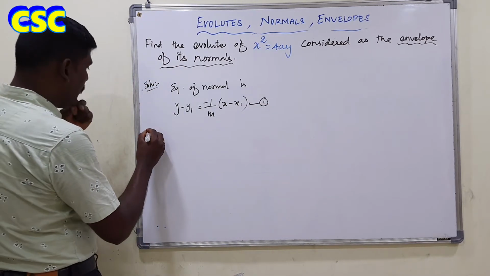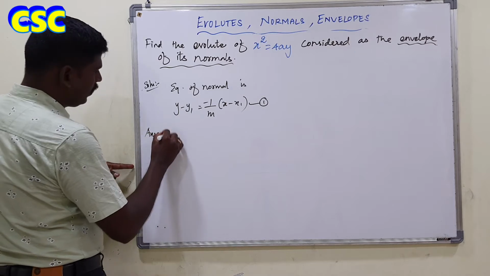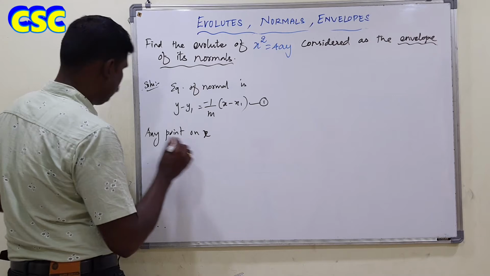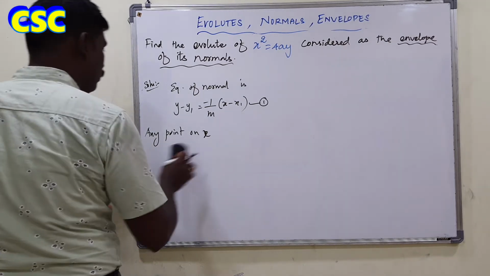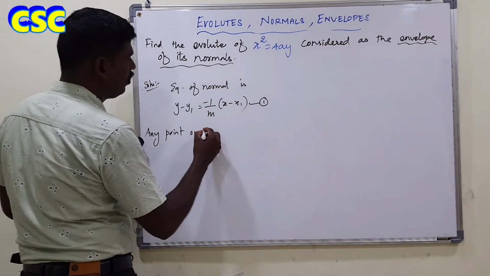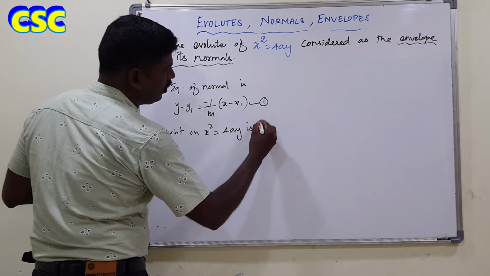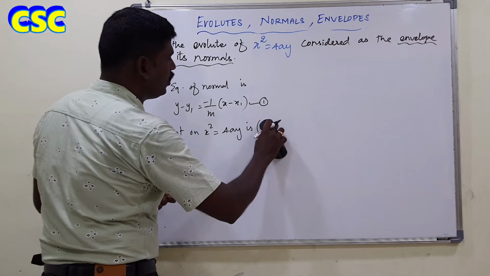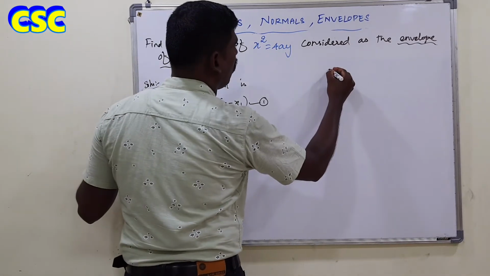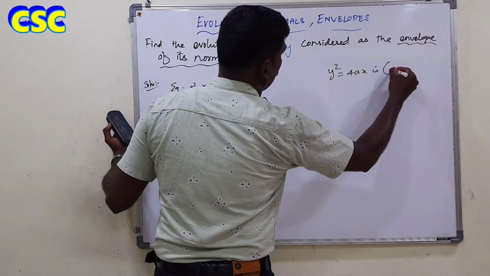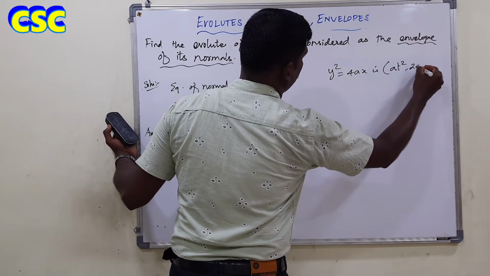Right? Any point on x square is equal to 4ay is what? 2at comma at square. And isn't it? Any point on y square is equal to 4ax is at square comma 2at, isn't it?